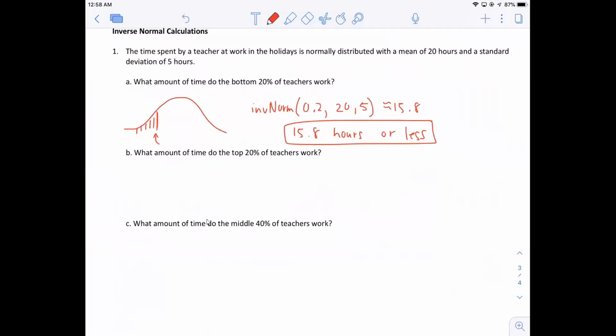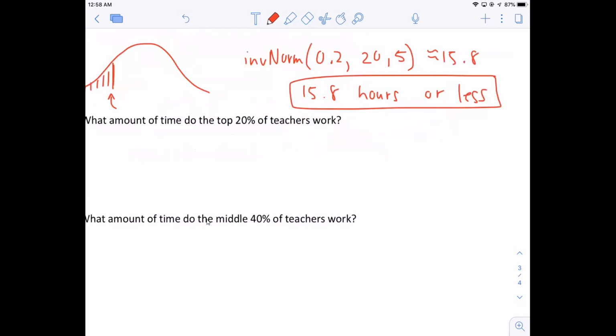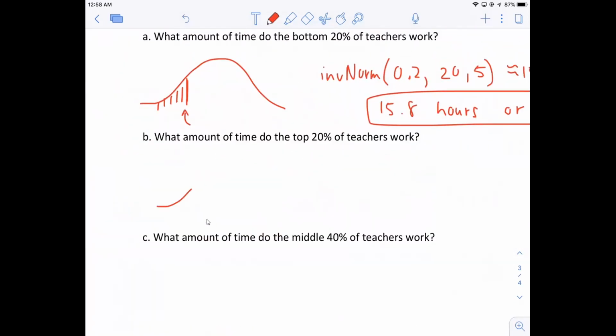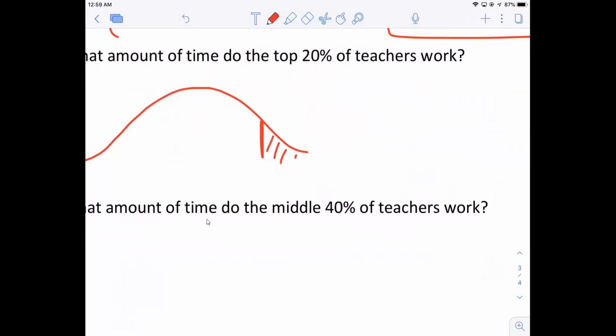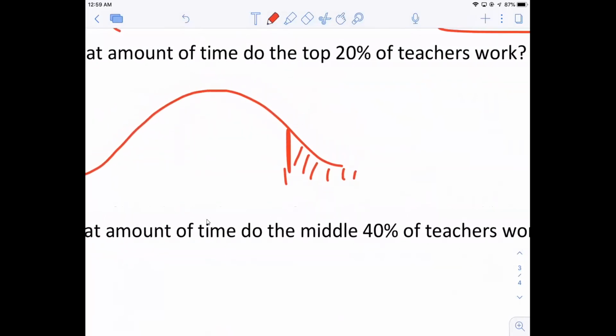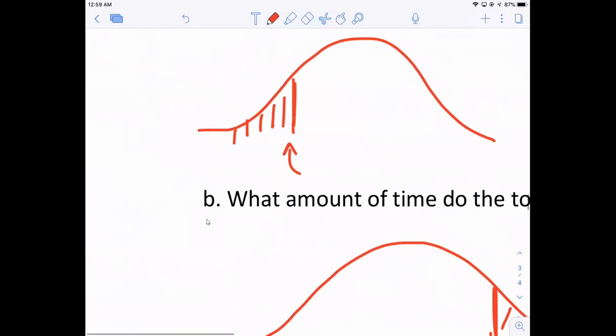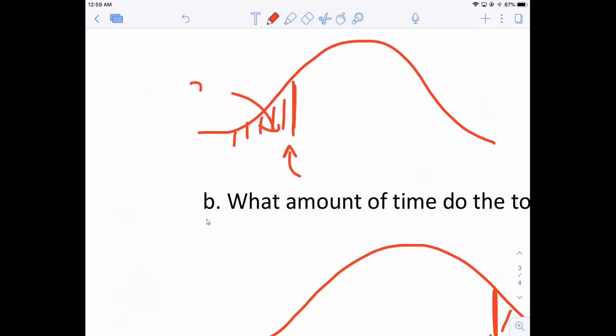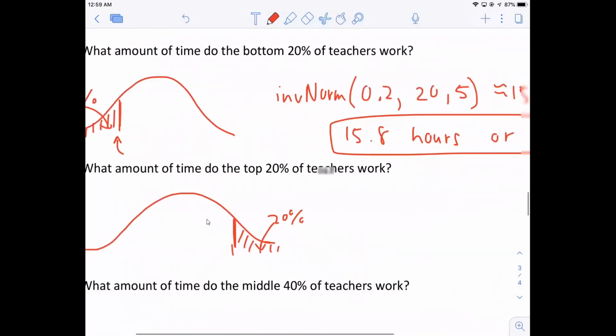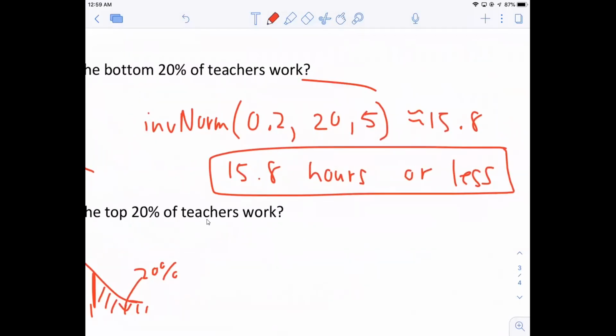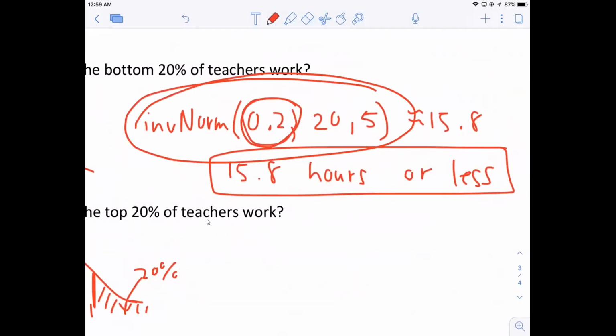So here is where it gets a little interesting. What amount of time do the top 20% of teachers work? Well, you want this area, the top 20%. This area here is 20%, just like this area here was 20%. But in my inverse normal function, this area is the left bounded area.